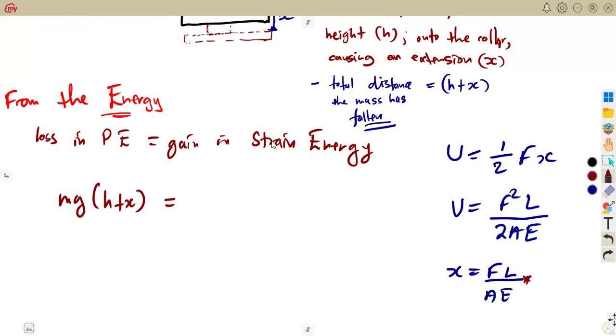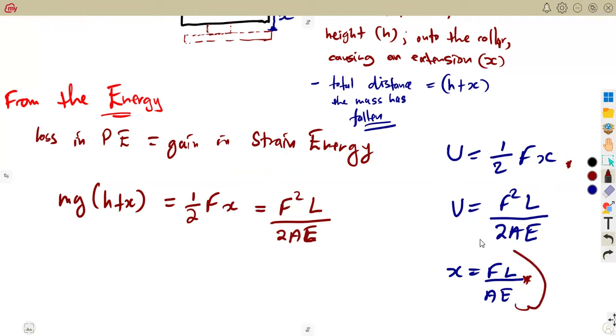This formula can be written with the gain in strain energy as half of Fx, which is the same as F squared L over 2AE from our strain energy calculation that we had before in our introductions. We talked about the manipulations, putting in x where x is, so any of this can be equated.